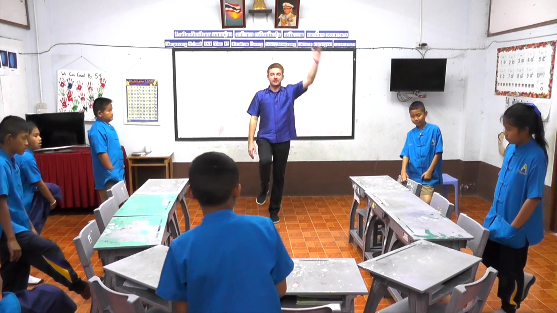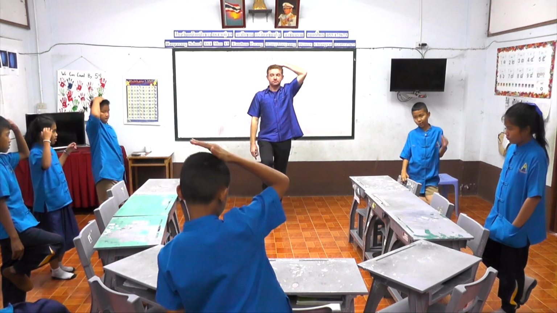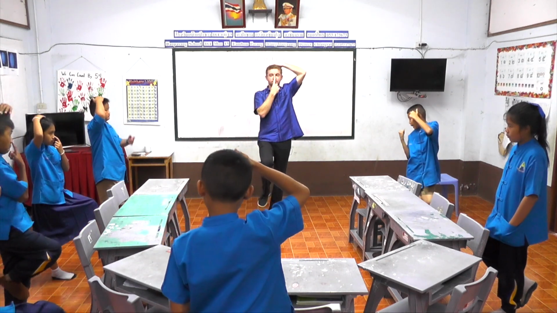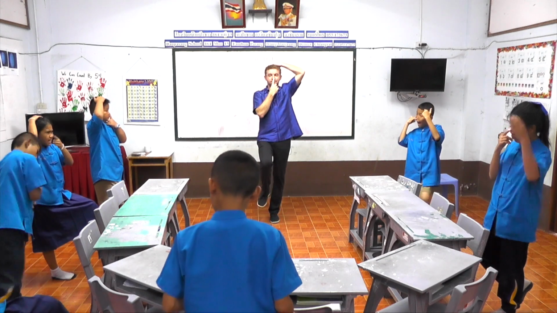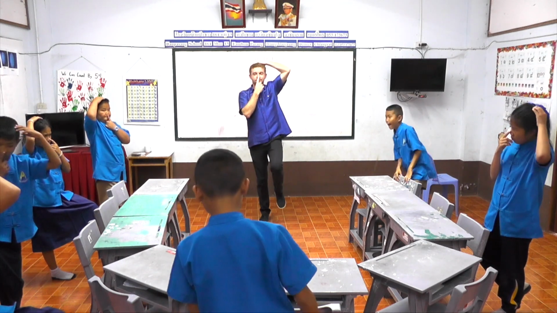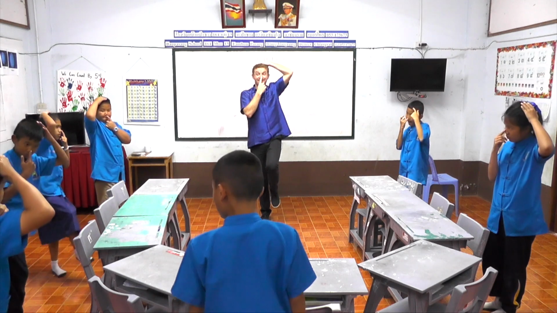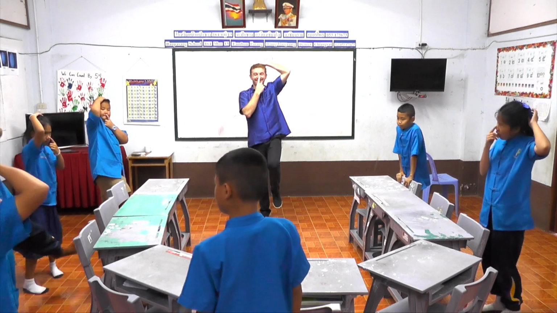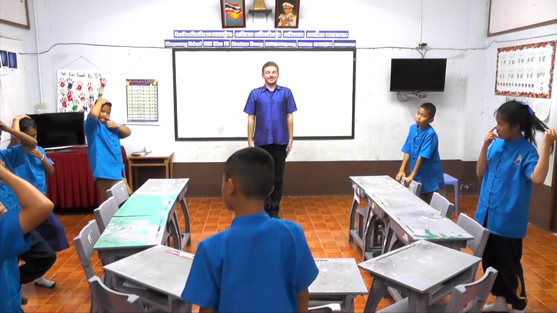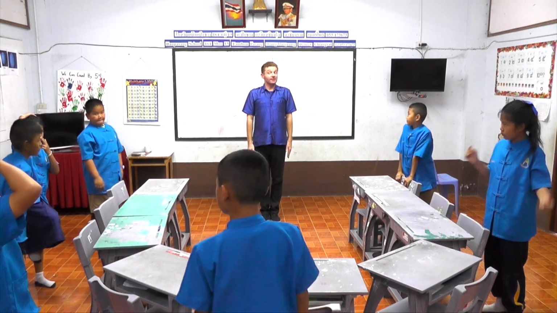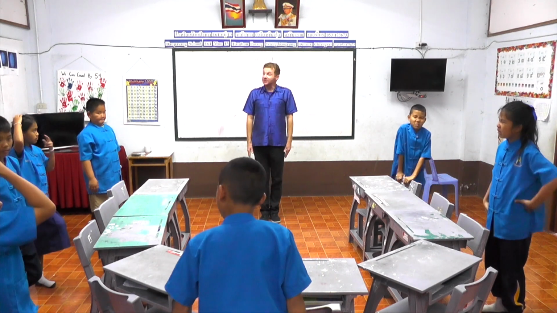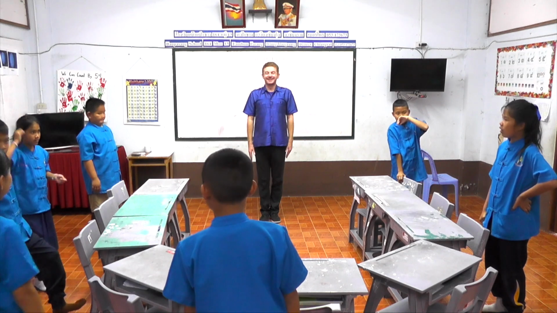Teacher says, hands on head. Teacher says, touch your nose. Swap legs. Teacher says, swap legs. Teacher says, stand up straight. Arms by your sides. Teacher says, arms by your sides.